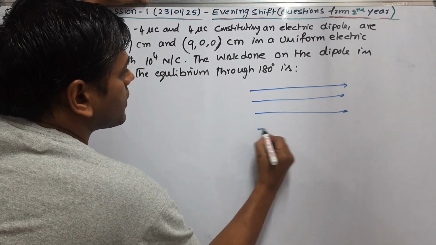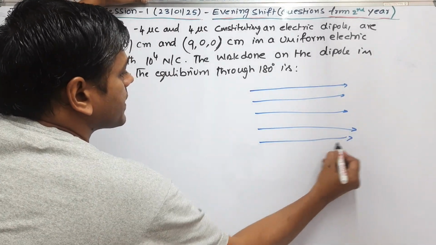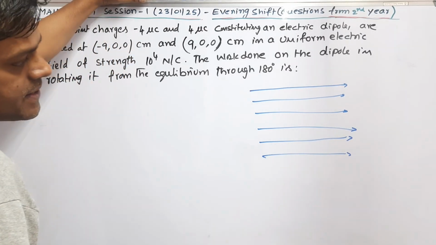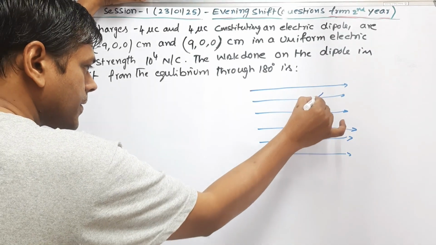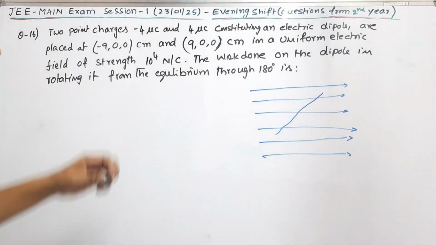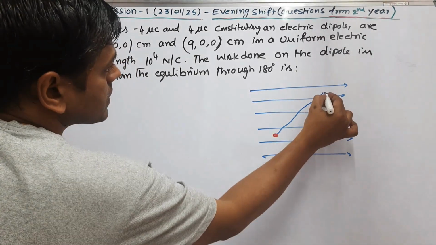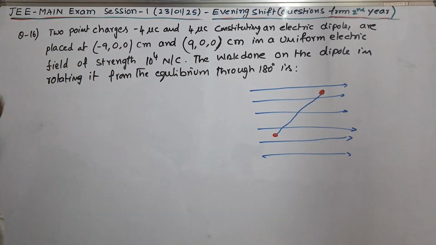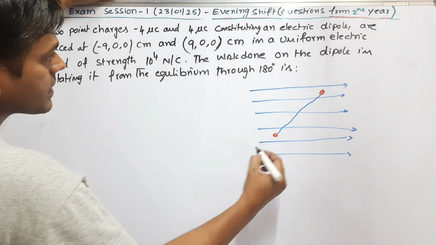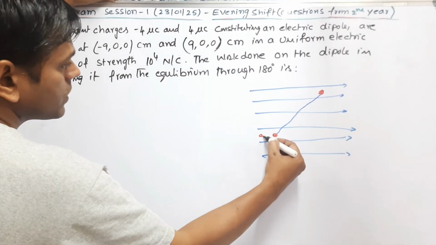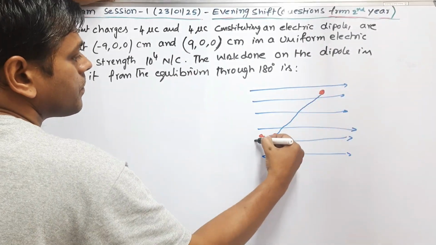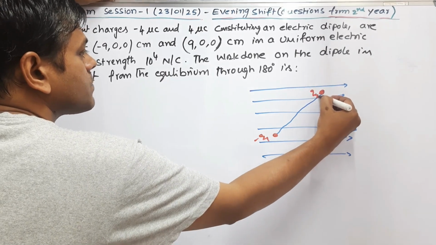We all know very well that a uniform electric field is represented by equally spaced straight lines. In this uniform electric field, an electric dipole is nothing but a separation of two unlike charges having the same magnitude, at a very small distance.